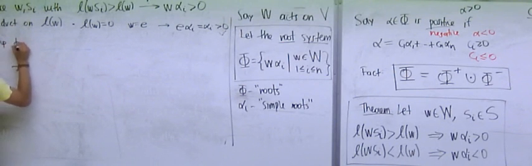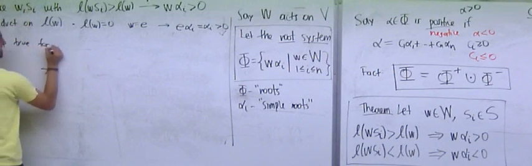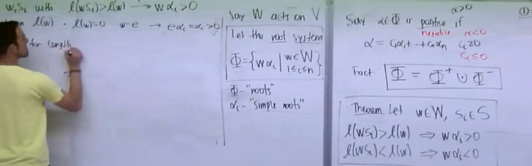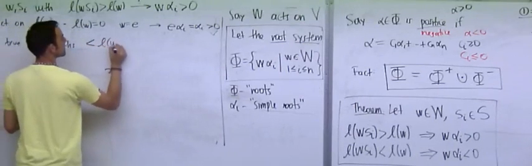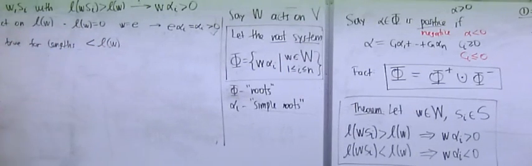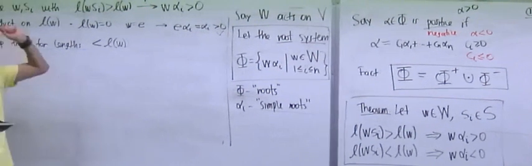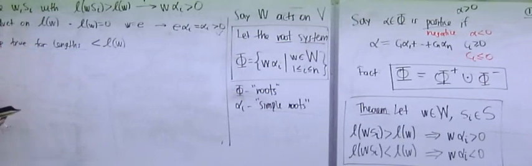Okay. So now, let's suppose this is true for lengths less than the length of W, and let's prove it for W. Now, again, if you look at a lot of the proofs that we have done that look like this, they're very similar.